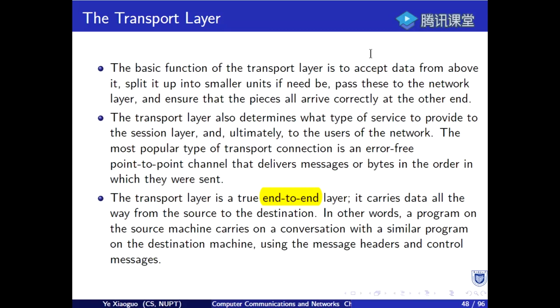What is the meaning of true here? It is a true end-to-end layer because the transport layer carries data all the way from the source to the destination. In other words, a program on the source machine carries on a conversation with a similar program on the destination machine, using the message headers and control messages.